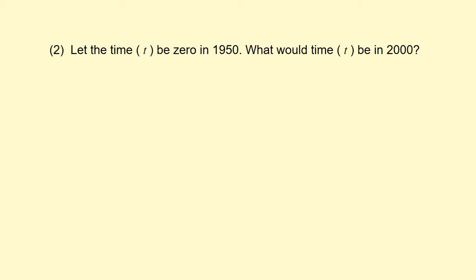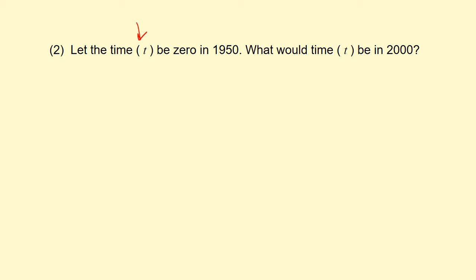So t is going to be my input variable instead of x. So I'm going to be putting in t as an input and getting out some kind of gallons, I'm guessing, right? Because we're talking about gallons of beverages here. So what they mean here is the following.